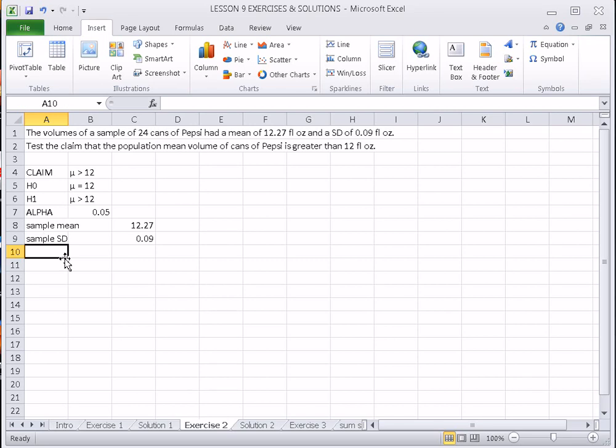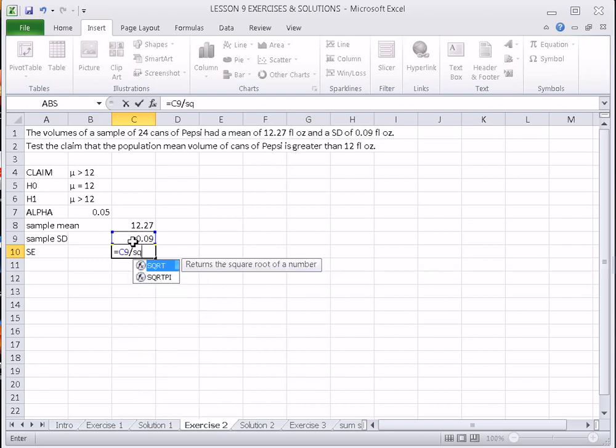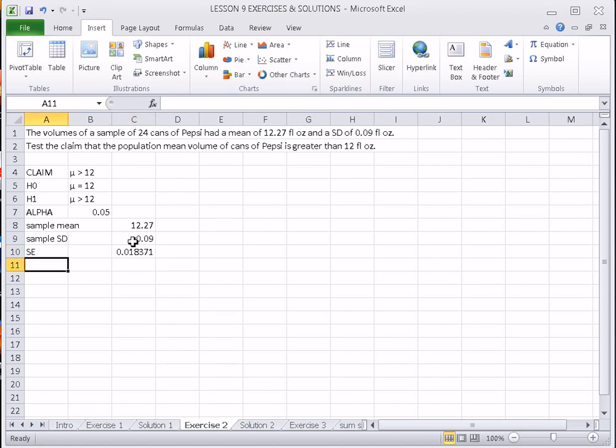We'll use this information to find the standard error. And remember, that will be the standard deviation divided by the square root of the sample size, which this time is 24. And now we can use this information to find the t-score.